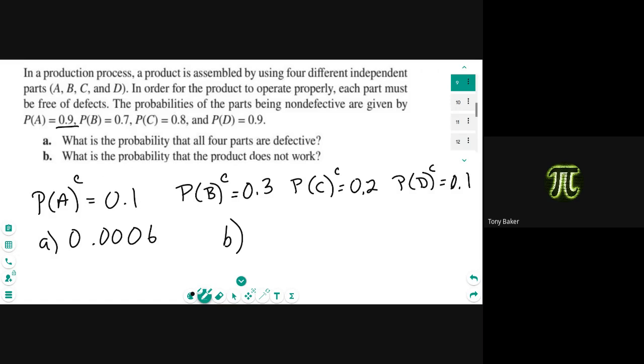How would we figure out the probability that it's not going to work? Could we multiply them as when they are non-defective, and then subtract it from 1? Okay. What would that give us?